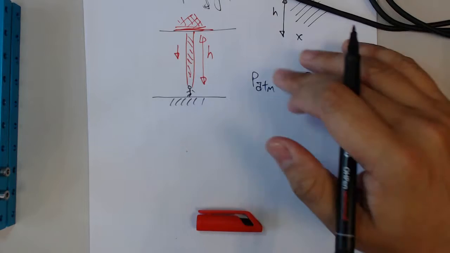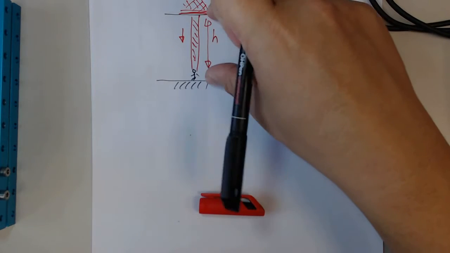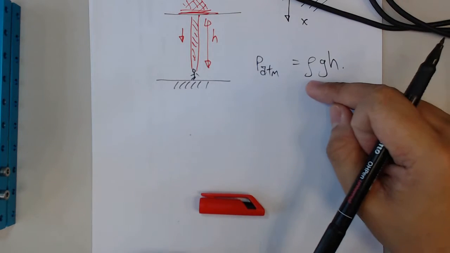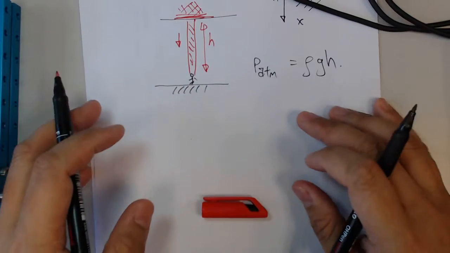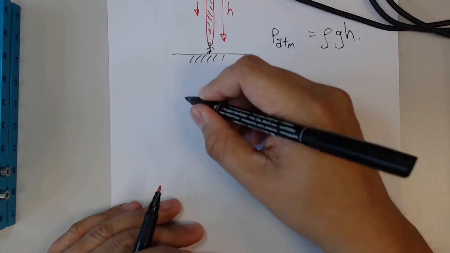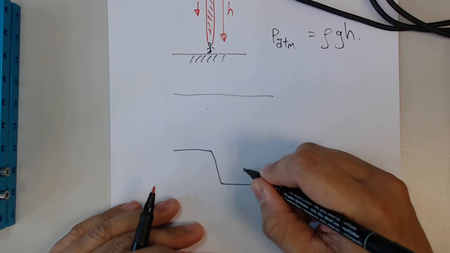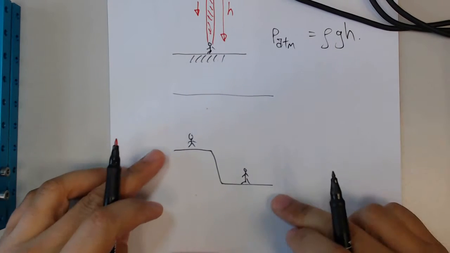This is for visualization purposes, because the physics of the atmosphere is more complex than just taking a simple density of air. But this is just for illustration, telling you how we can visualize atmospheric pressure. We also went one step further by comparing two persons at two different elevations.